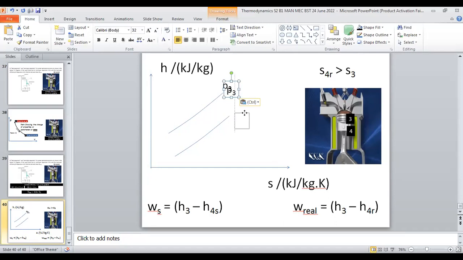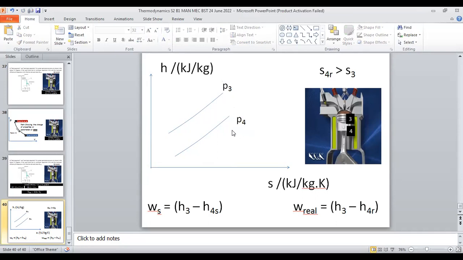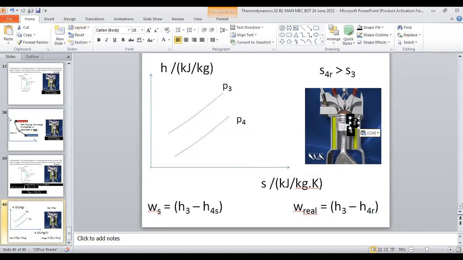P4. And then this is H-axis, this is S-axis. So you mark your point 3. You can mark somewhere here.